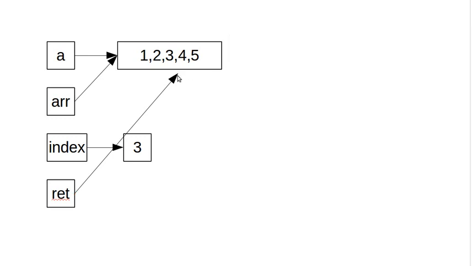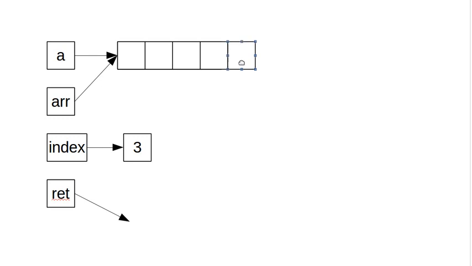To answer that, we have to clean up our picture. I'll pull this arrow over here and picture this array not as a single box that has 1, 2, 3, 4, 5, but instead as it should be pictured, which is 5 boxes.